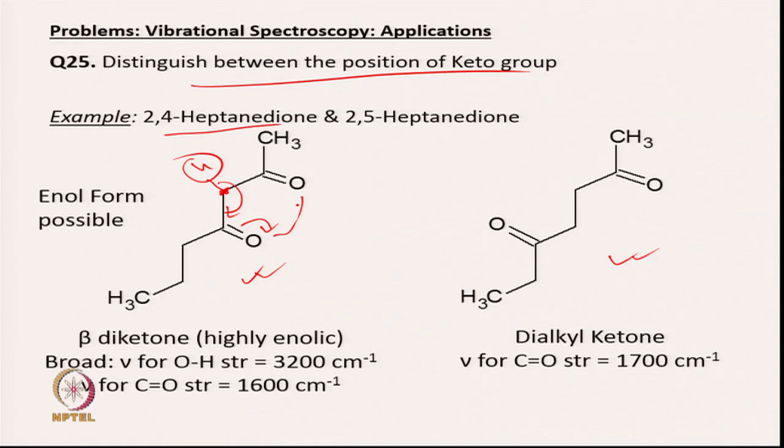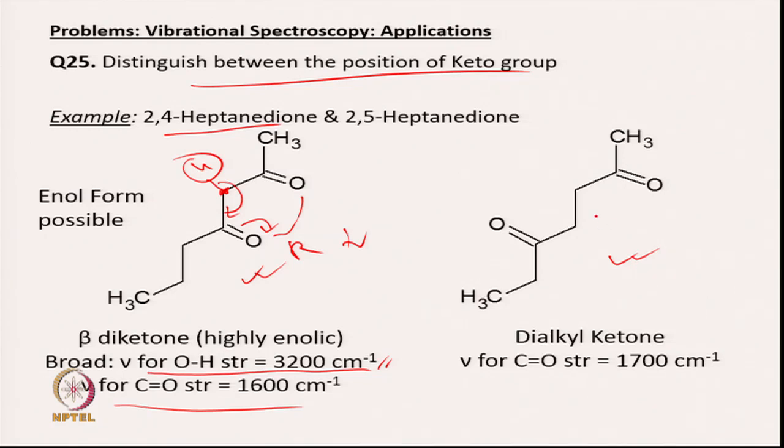If it exists in enol form, you will have a peak for OH stretching, which will come around 3200 cm^-1, and the frequency for CO will be at a smaller value, because K for CO will be small.